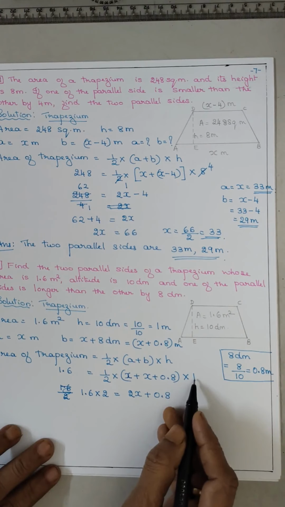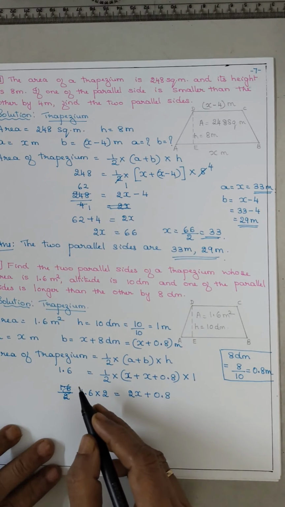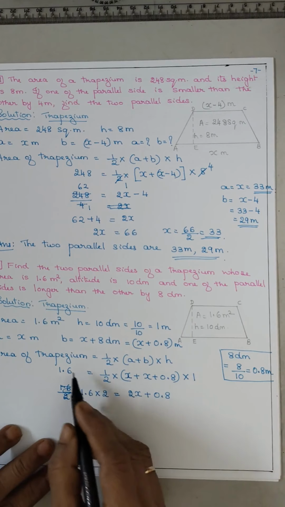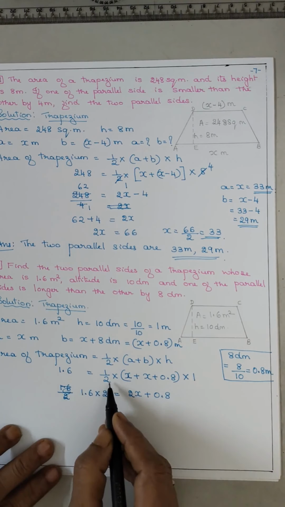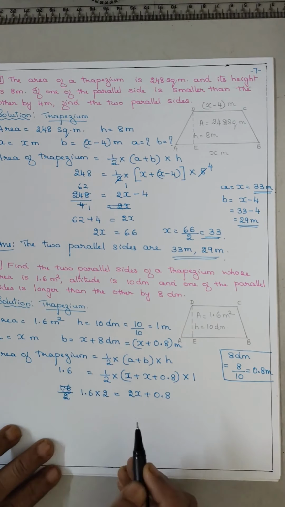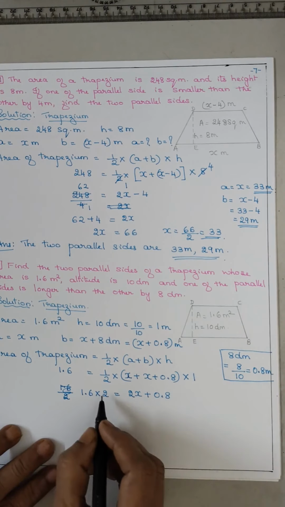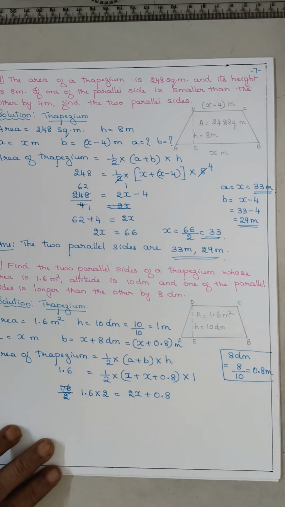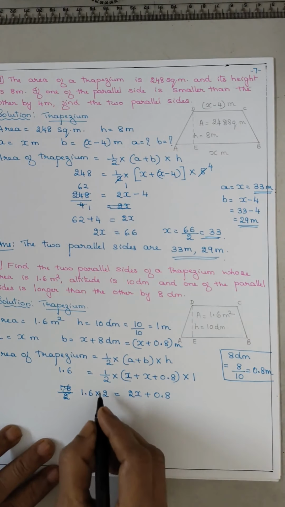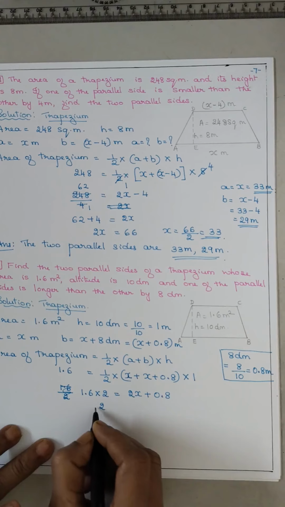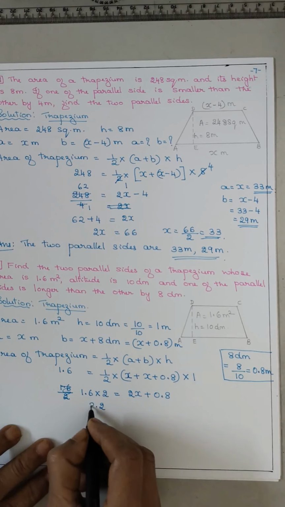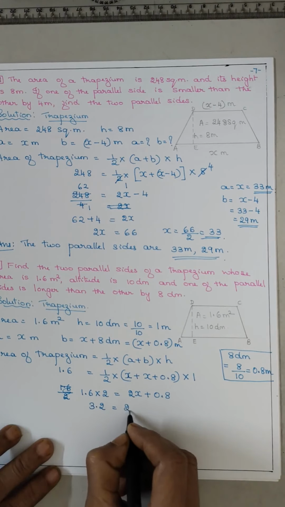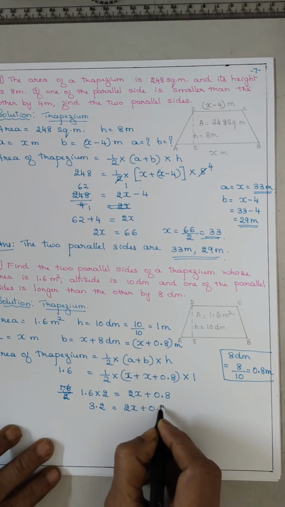So this is 1, so no need of taking to there. So here 2 goes to the numerator. Here in the denominator, when going to the left it will go to the numerator. 2 6s are 12, 2 1s are 2, 3, so 3.2 is equal to 2x plus 0.8.